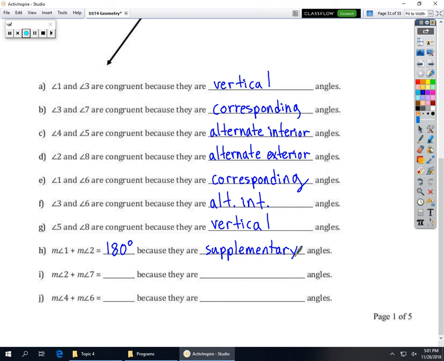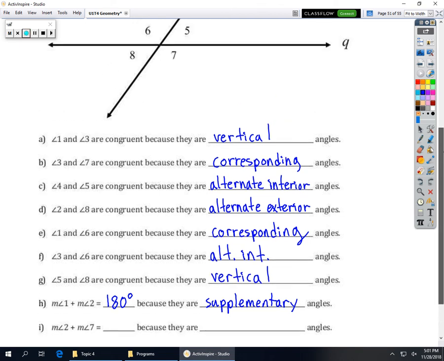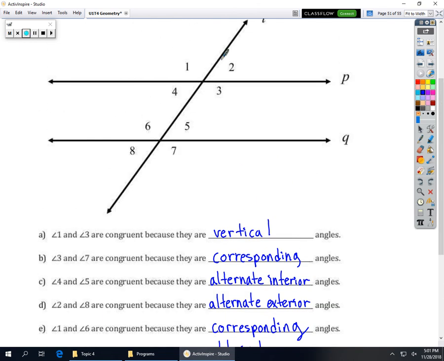2 and 7. Scrolling up. So here's 2, and here's 7. Well, we know that 2, we can slide 2 over to make the same as 5, and then 5 and 7 are also 180. So if 2 and 5 are the same, and 5 and 7 make 180, then 2 and 7 make 180.